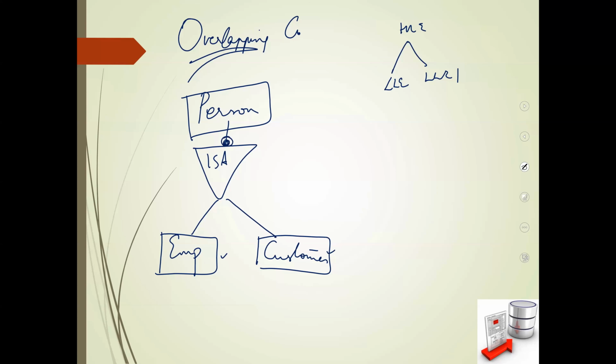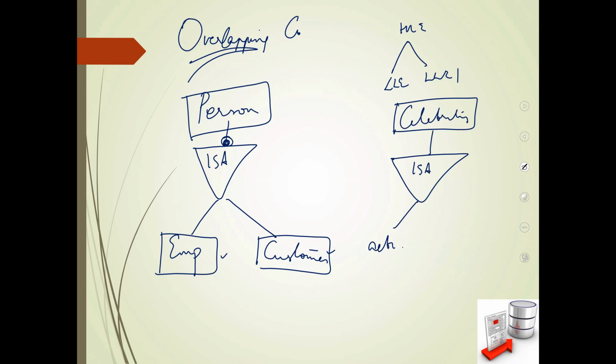You write an O in a circle. At the same point of time, he can be more than one lower level entity. Let's think of another example: celebrities. Celebrities can be an actor, they can even be a politician.